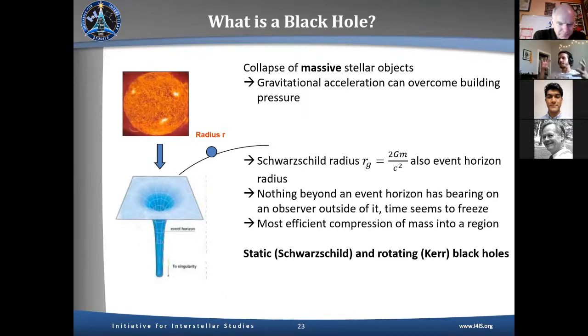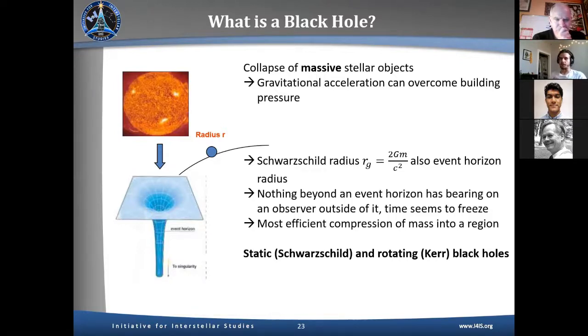The gravitational pull becomes so strong that it overcomes the pressure as the stellar object collapses, and eventually the space-time distortion created by this concentration of mass and energy becomes so strong that we create what we call a singularity, a point where the Einstein field equations break down.